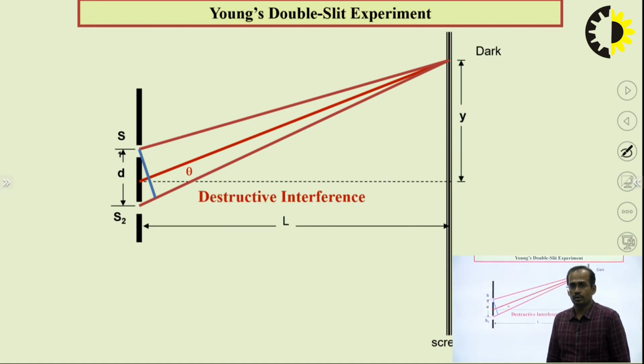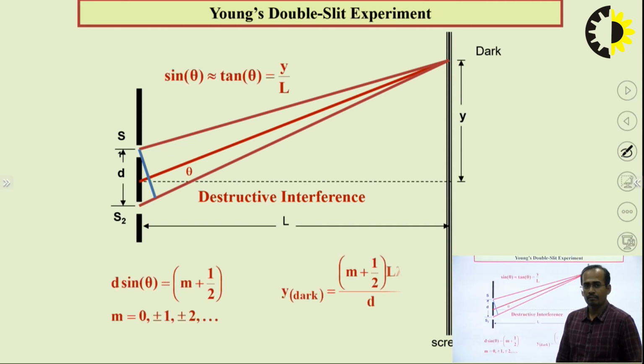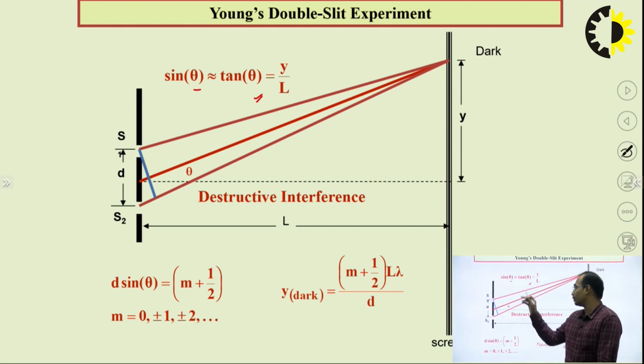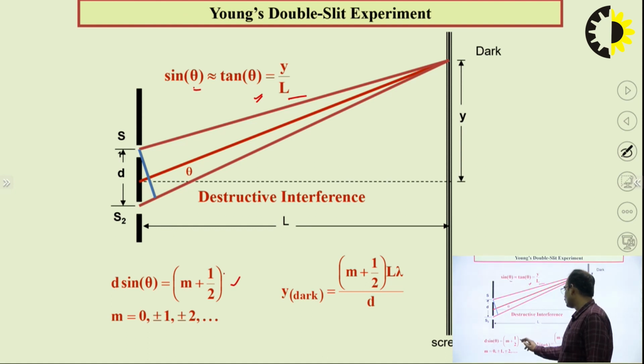Now again, how will the dark fringe appear? I have already told you that if theta is very small, then sin theta will be nearly equal to tan theta. So sin theta is equal to y by L, and the condition for destructive interference is d sin theta is equal to m plus 1 by 2 lambda.